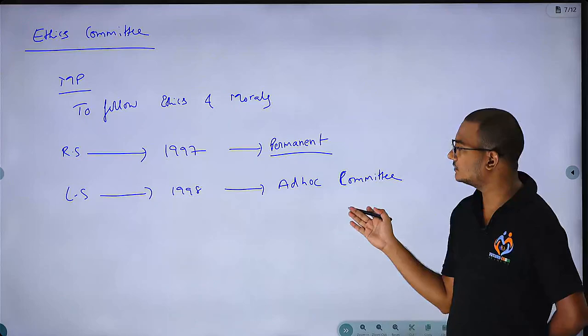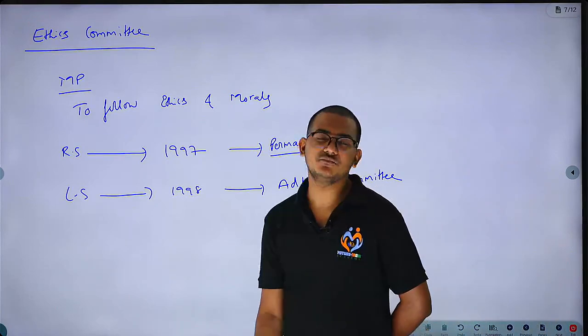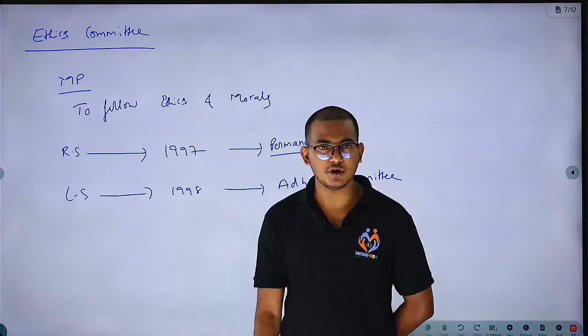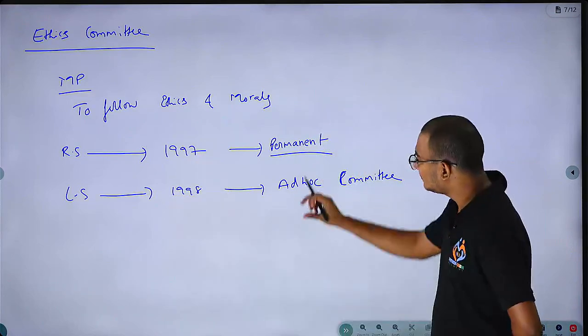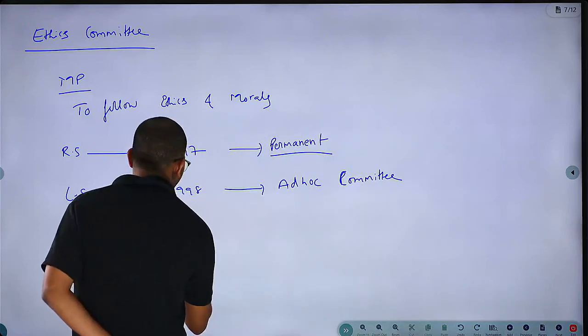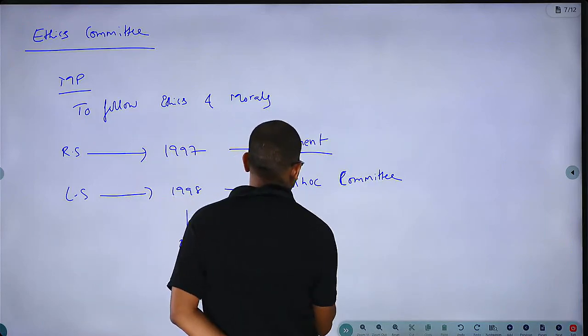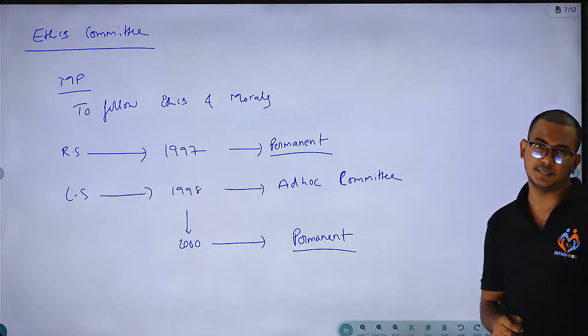But the thing here is they are MPs, so many cases will come on them. So Lok Sabha realized the importance of this committee, and they made it a permanent committee in 2000, which means a standing parliamentary committee.